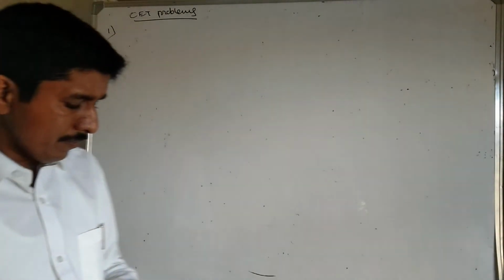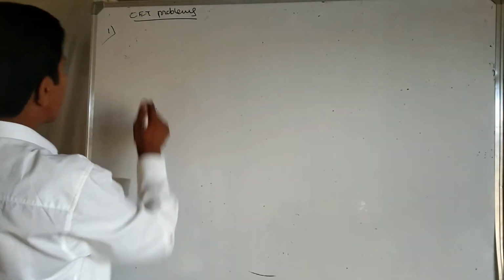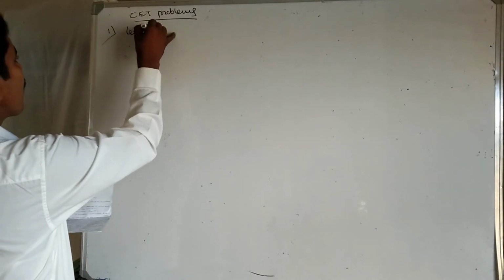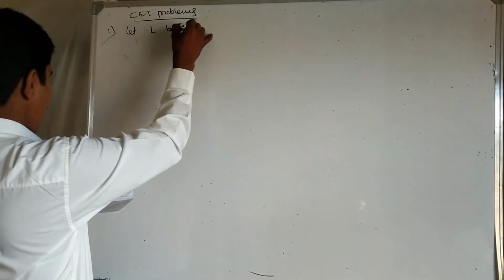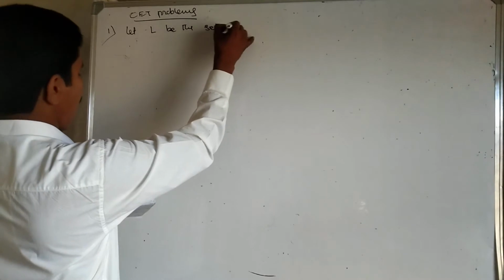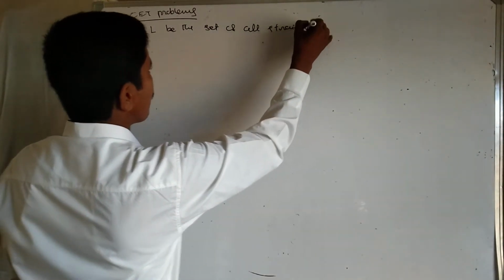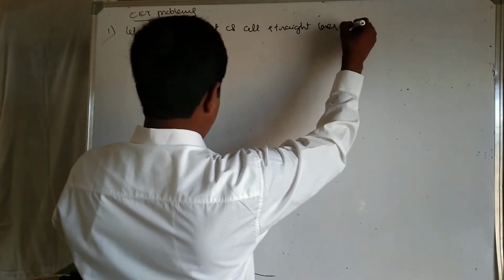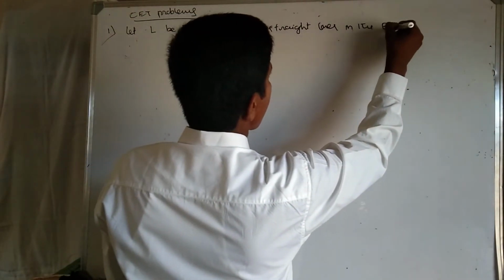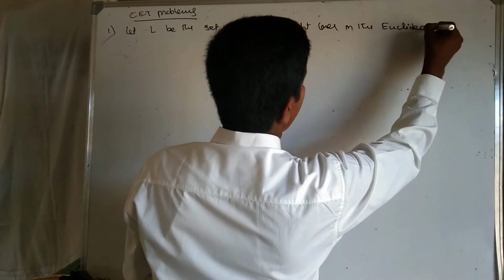First problem. Let L be the set of all straight lines in the Euclidean plane.